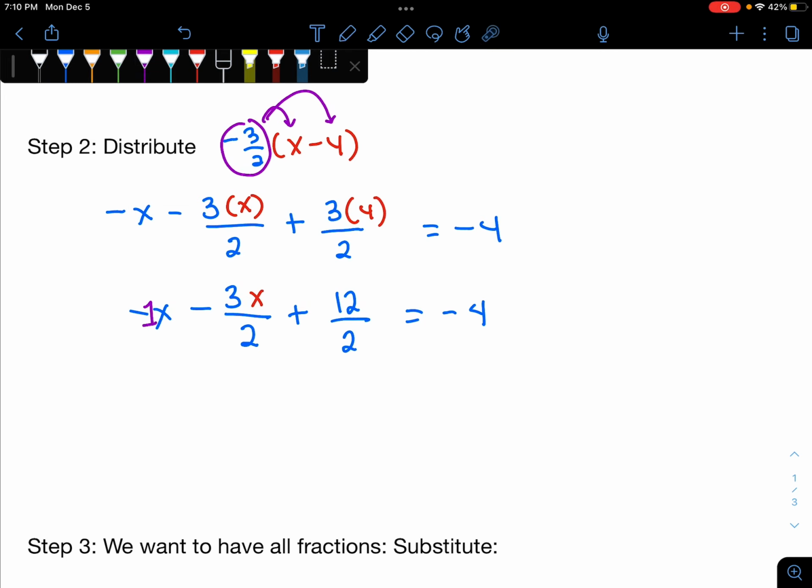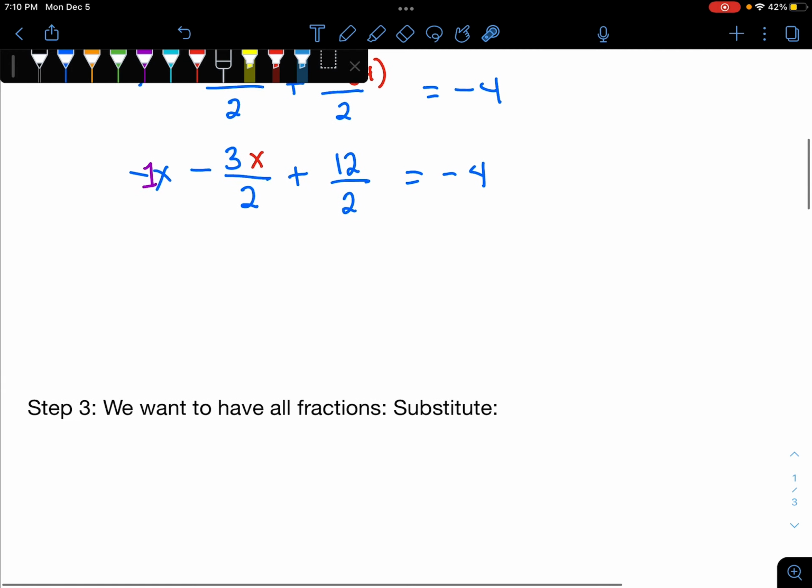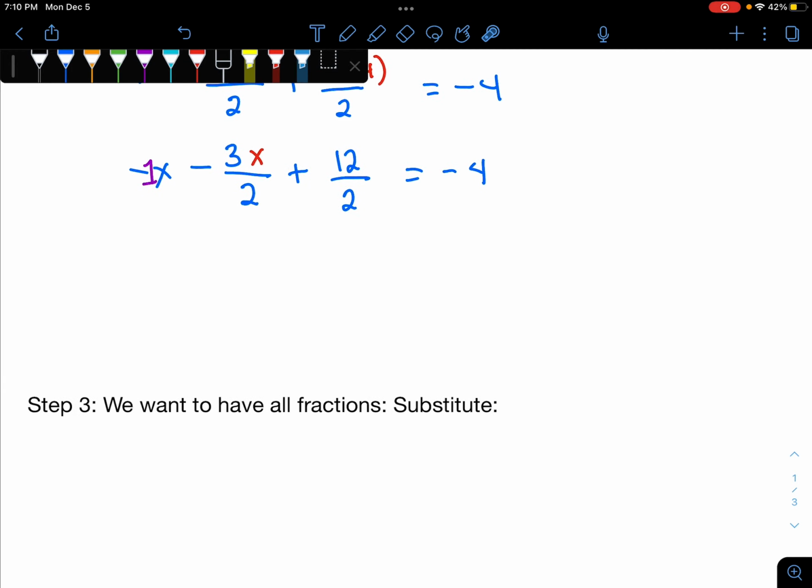So since we have fractions here, right, let's make all of them into a fraction. So I'm going to substitute, since this is a whole number, 1, I can substitute in something with the same denominator as these two.